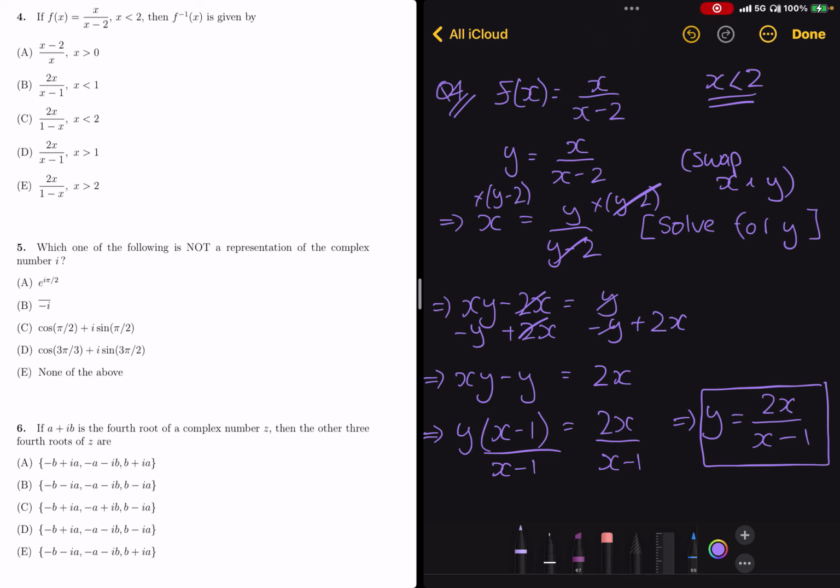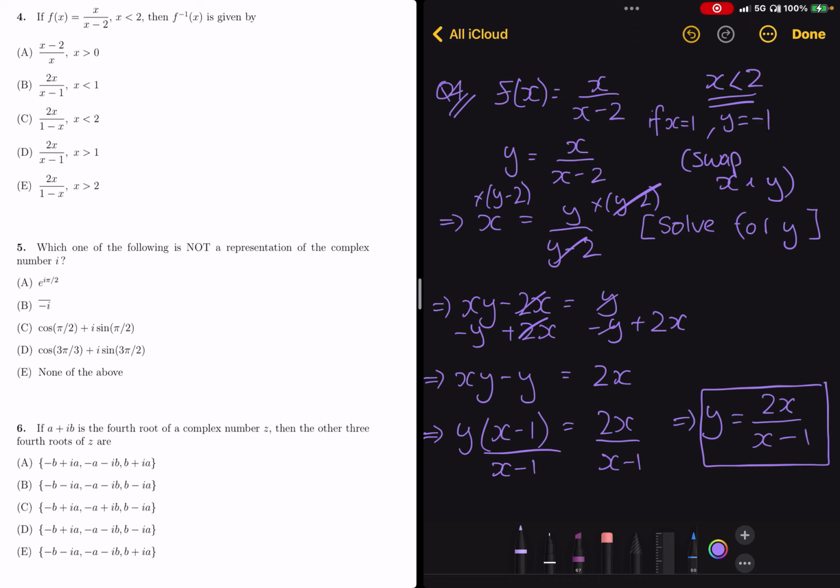So if we think about this, if x is 1, you get 1 on 1 minus 2. We could sort of try and graph this if we want, but we can just think about some values. So for this initial function, if x equals 1, you have y equals 1 on minus 1, which is minus 1.